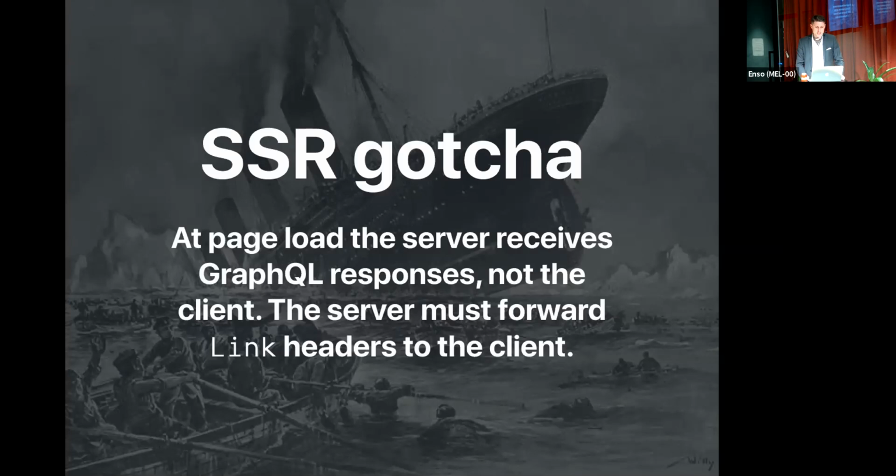So to get this whole thing to work in a server-side rendering situation, the server, when it's doing all its GraphQL requests, needs to be aware at the end of all of the different queries that it's gone off and requested.